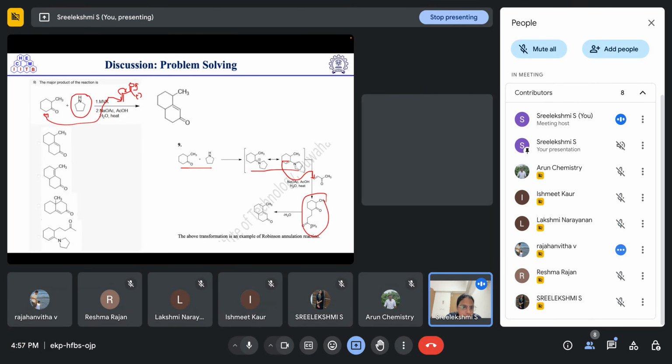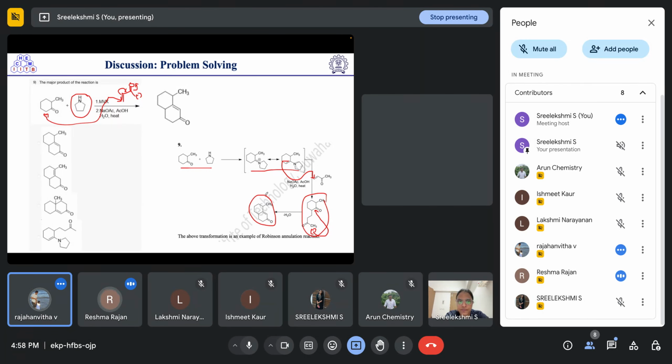Then this proton is acidic, so this will abstract a proton from here, so it will be CH2 minus, and it will attack here forming that six-membered ring. So here it will be OH, then that water molecule will be eliminated to form this. Is it clear or should I explain once more?